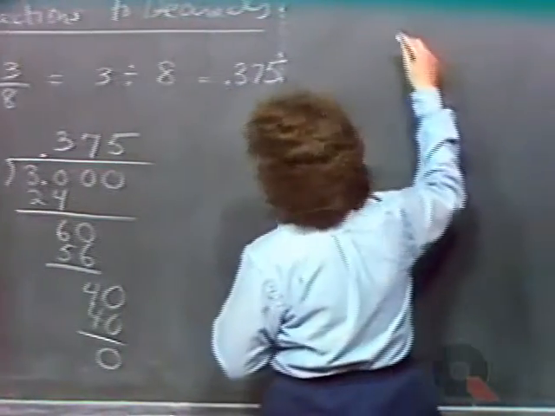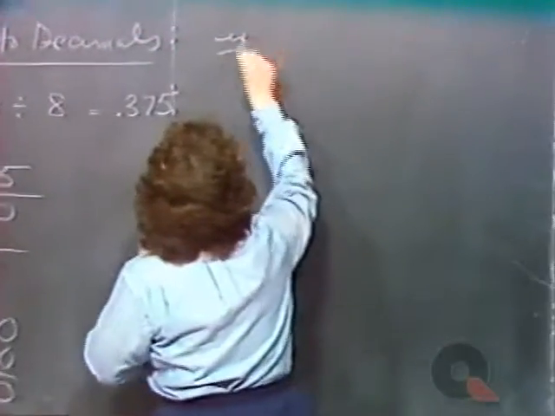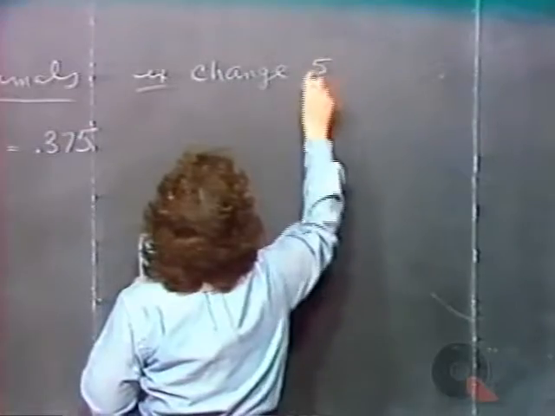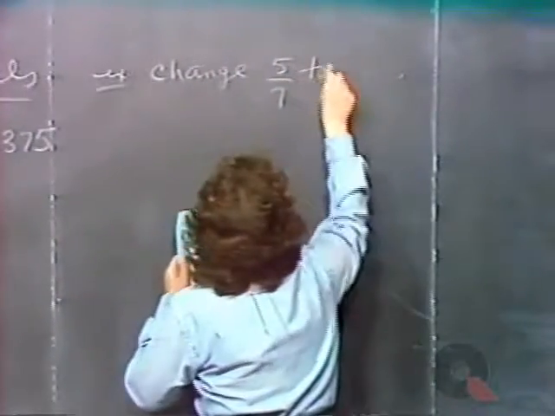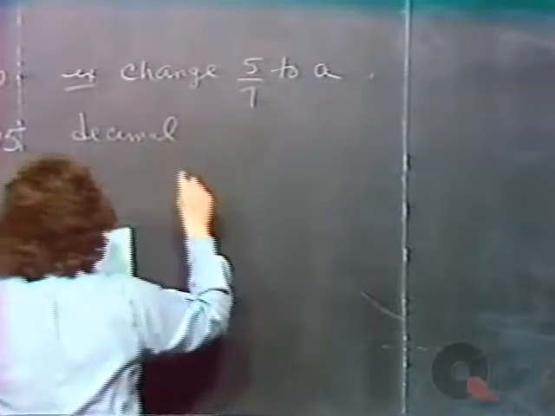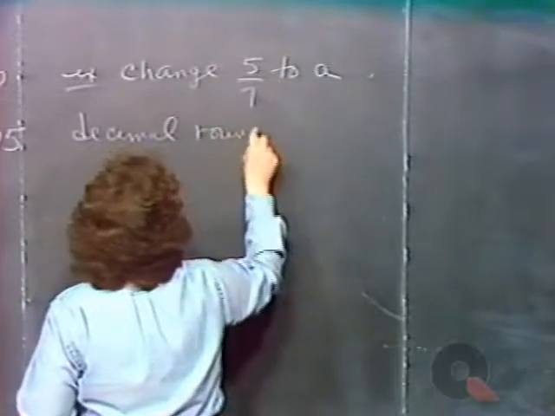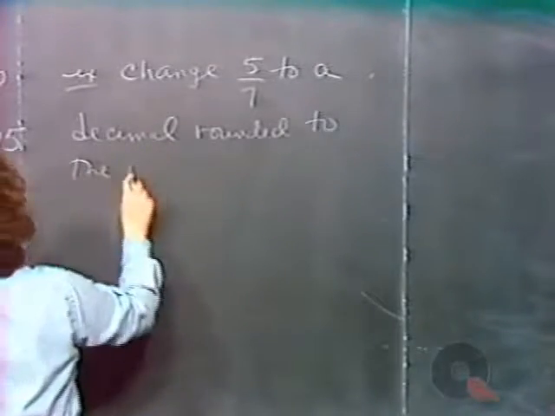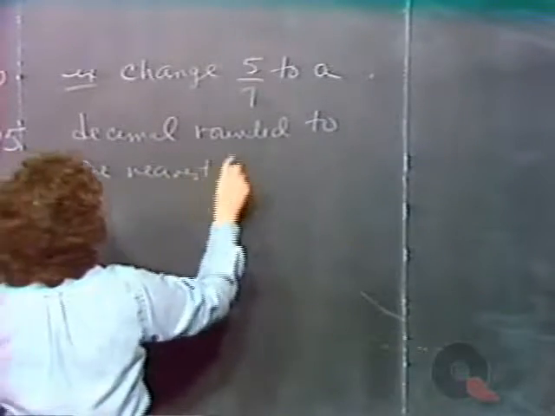Okay, let's try this example. Change 5/7 to a decimal, rounded to the nearest thousandth.